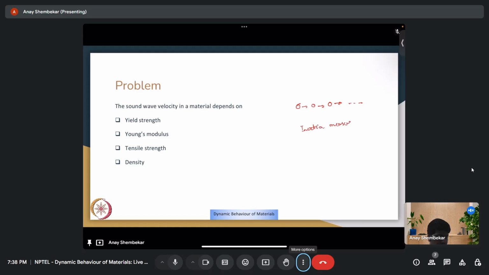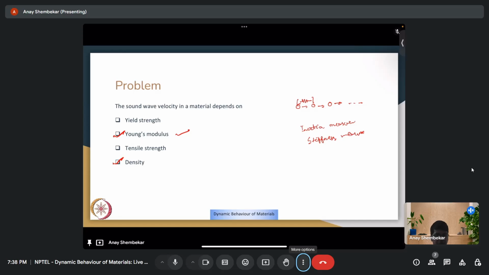It would also depend on what sort of stiffness exists between the two particles, so a stiffness measure. For elastic waves, the stiffness measure would be Young's modulus, and sticking to elastic waves, you will have density as the inertia measure.